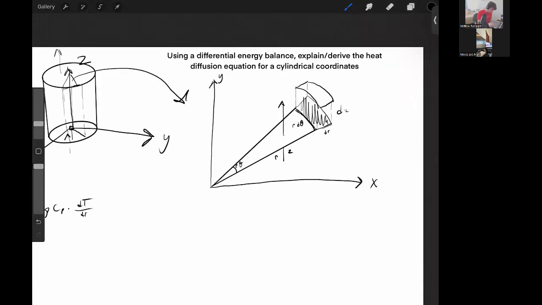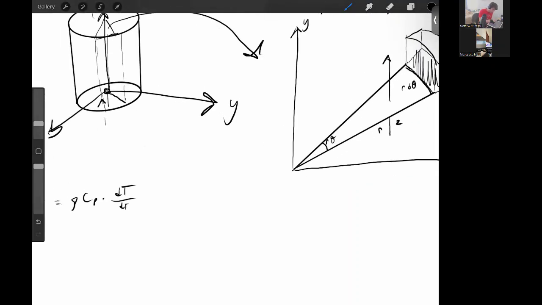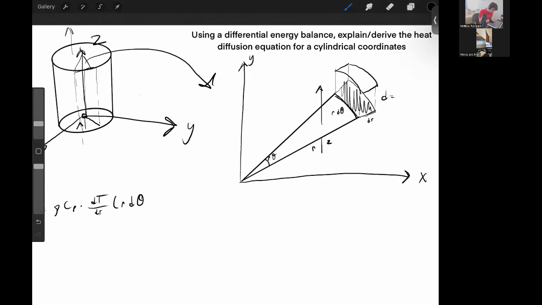So if we look at our system, to make a three-dimensional analysis of our change, we can just multiply all the changes together. And when we do so, we get our change of theta times d of r times d of z.